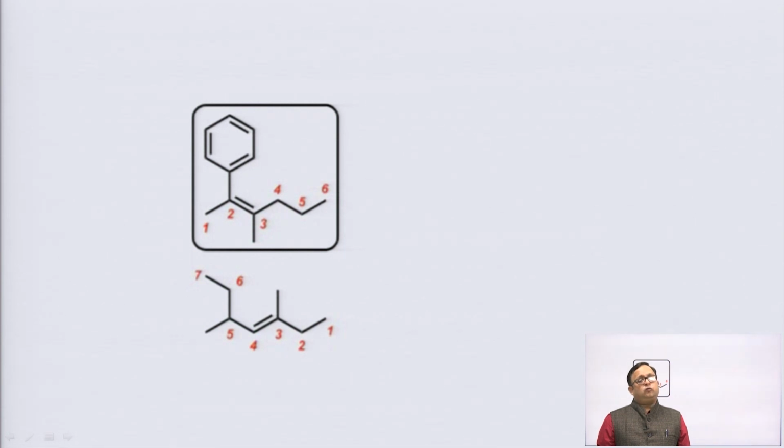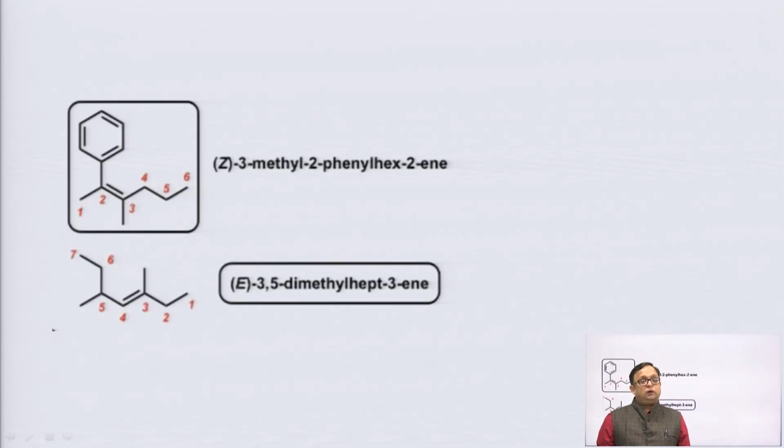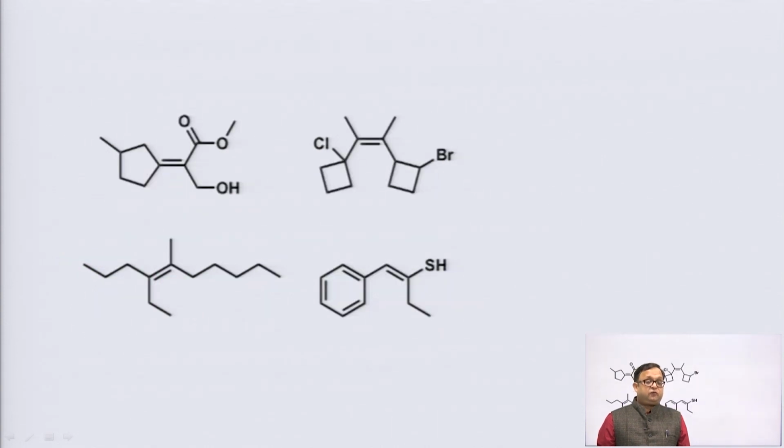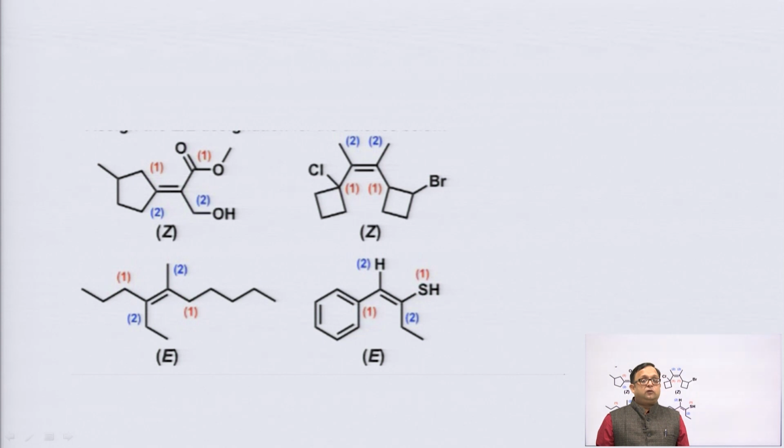Try to assign nomenclature on the basis of the rules, and this is the answer. Similarly, there are 4 more questions you can use for practice, to decide whether they have the E or Z configuration. These are the answers to these questions.